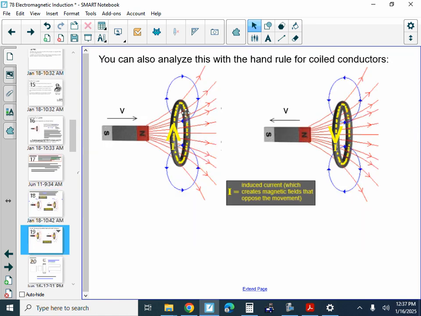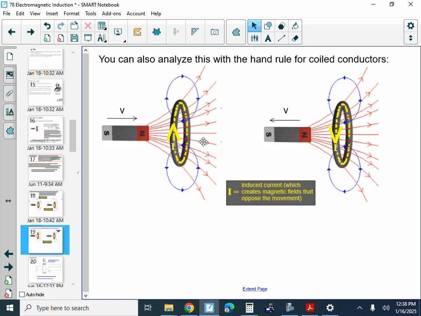You can also analyze based on the actual current flow. If you had current flow into the page right here, the cross section of that wire, you'd have a magnetic field that goes around, as we know from the original electromagnetic induction material. So that would make it north pointing towards, and over here it's the other way, and so on.